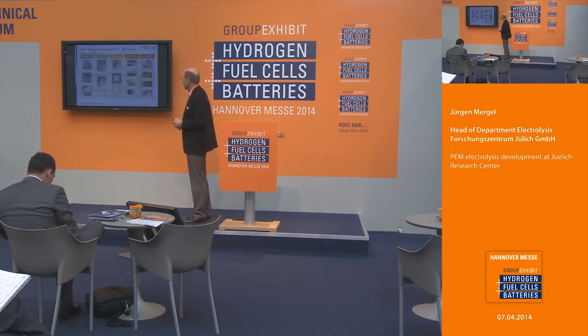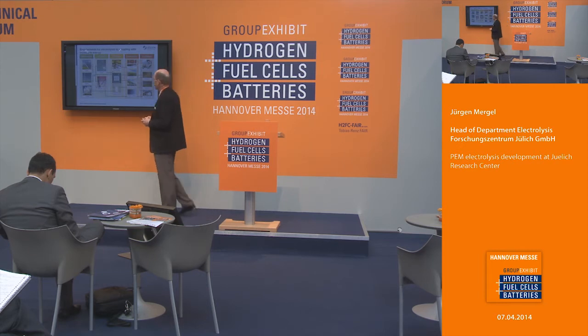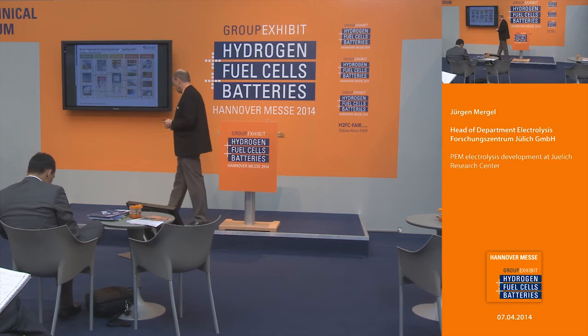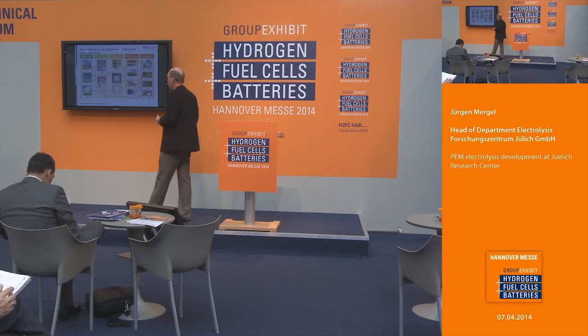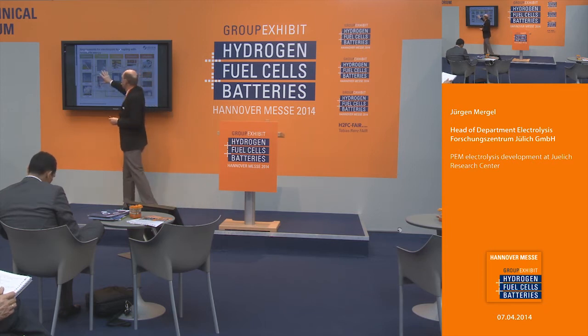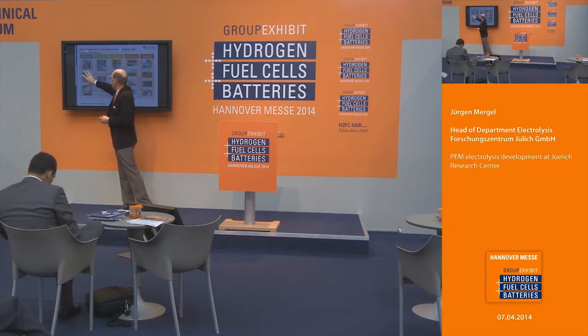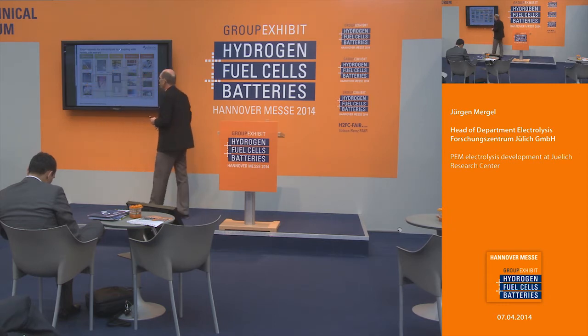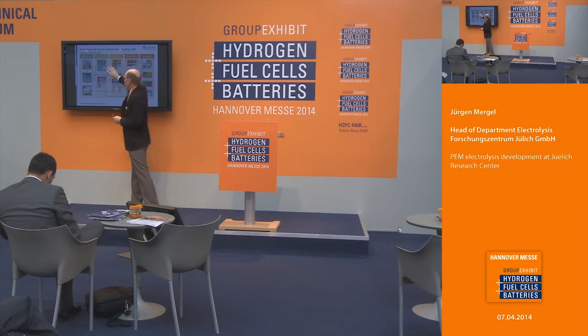Okay, so we have made a calculation for the Ministry of Research and Development: if you go to more renewables in the energy generation system, you need a system for storing the energy.